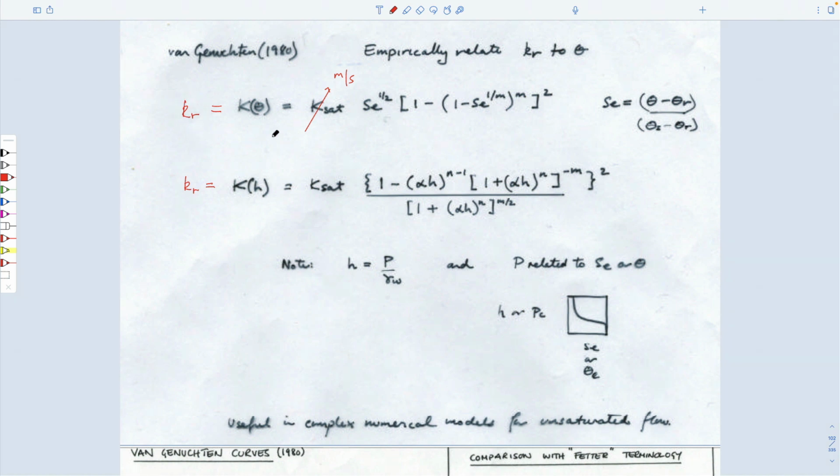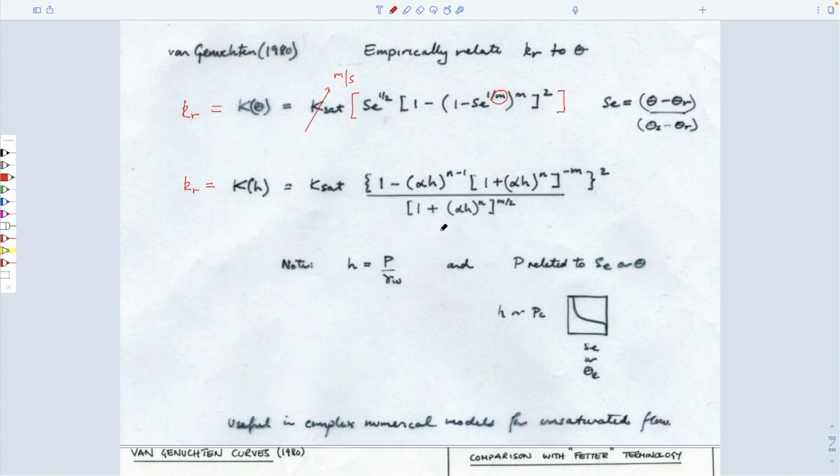This is just the relative permeability. So the take-home message is that the relative permeability can merely be defined as a function of how the saturation changes and as a function of these empirical coefficients, m, only m in this particular case.